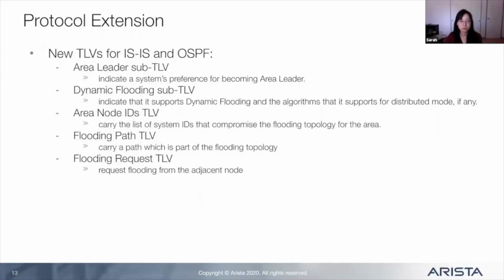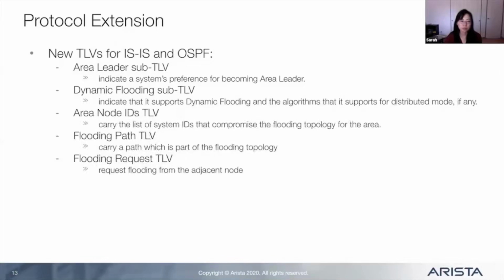This will be used in area leader election. And then we introduce a dynamic flooding sub-TLV. This indicates whether a node supports dynamic flooding or not. This might be useful in the distributed mode and to specify which algorithms the dynamic flooding supports.